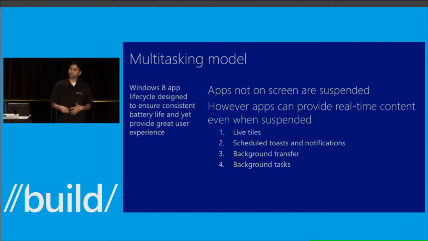What that means is if you install 1,000 apps tomorrow, your battery shouldn't suddenly suffer. If you have just one app on your system, your battery should be more or less the same as with 1,000 apps. That's why, when we designed the app model in Windows 8, we did suspend and resume. When your app is on the screen, it is able to use the full resources of the system.